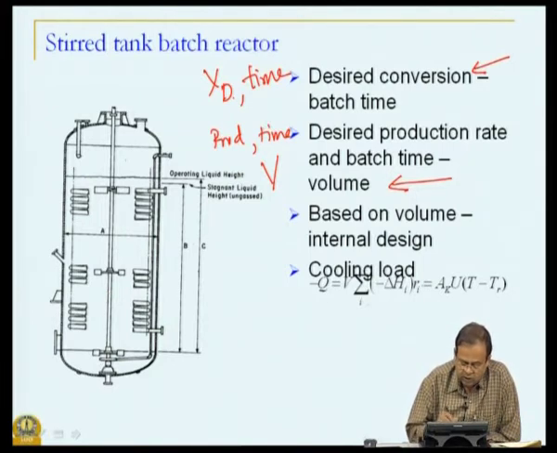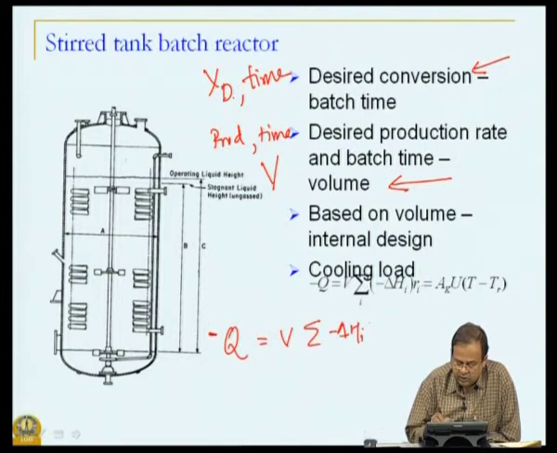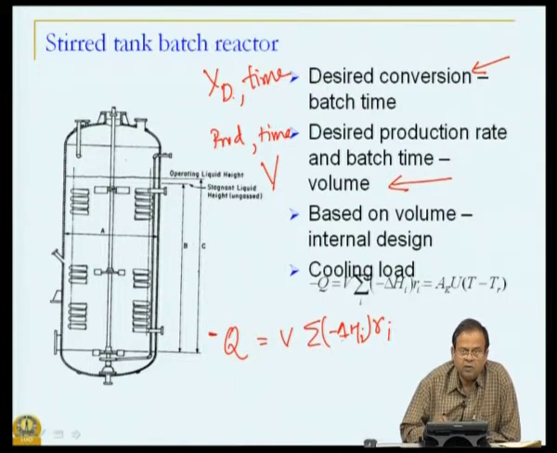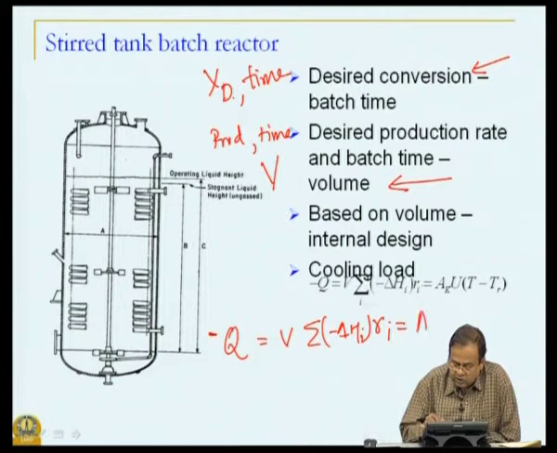So, the cooling rate that will be required is minus delta H. This we had done earlier for all the reactions. Each of these reactions will have a heat of reaction. So, the rate of the reaction times the heat of that particular reaction, summed over all reactions, is how much energy is getting liberated, and this has to be removed.